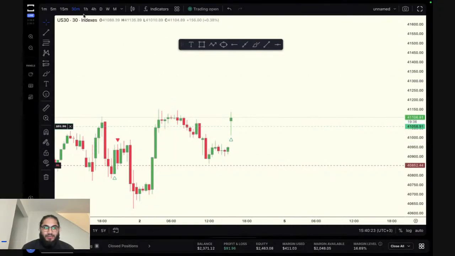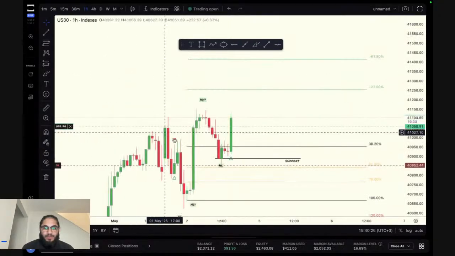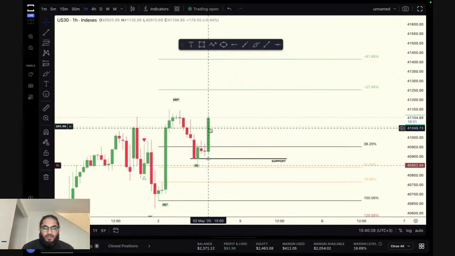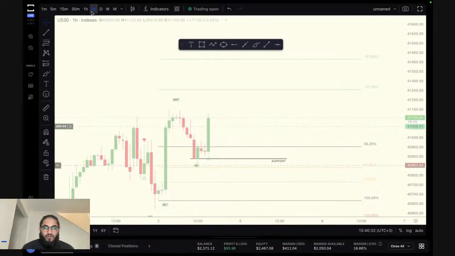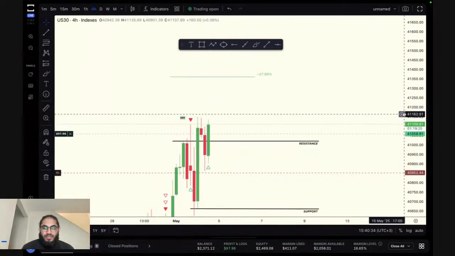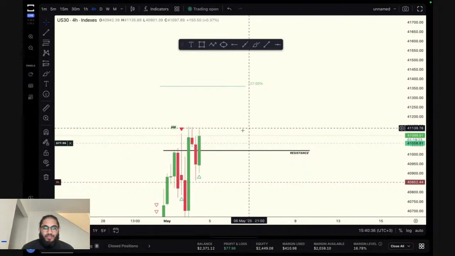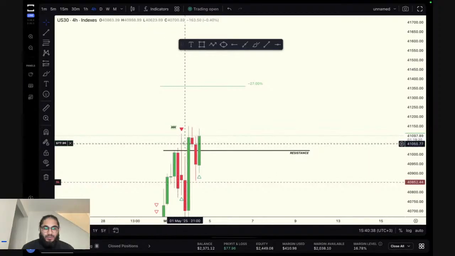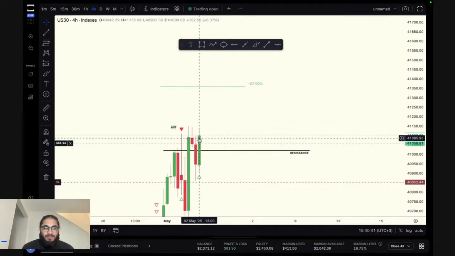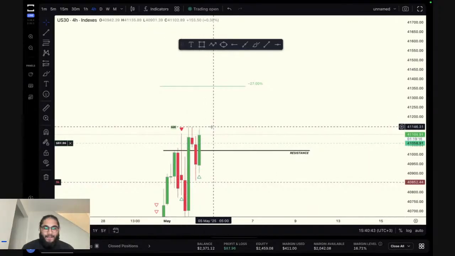So again, this H1 candle. You really want to see how this H1 candle closes. We want to see it close nice and strong. H4, we still have an hour 19 minutes left, so you can still get a valid push. This was my first TP. Like I said, my second TP was above here.